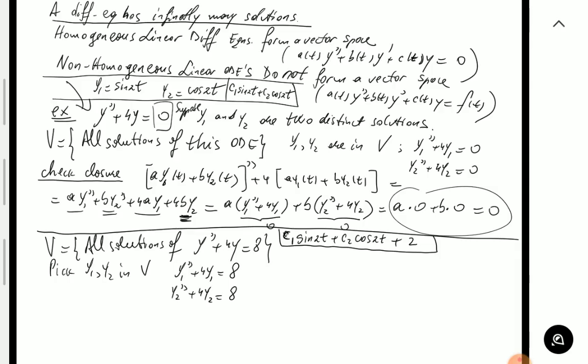And let's look at a linear combination just like before. So I check whether a linear combination a y1 plus b y2 is a solution of the same ODE. For the quantity a y1 plus b y2, you can do the distributivity just like before. So we can pass the derivative to each term.